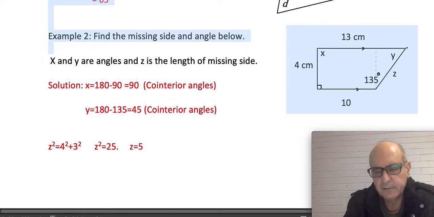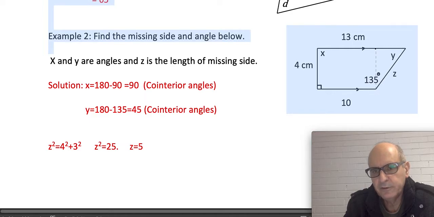That is for angles. As for the side, I'm going to find side z. If we draw this line, which is perpendicular at that point to the top side, you can see we have a right angle triangle. First, you need to work out how long this is.